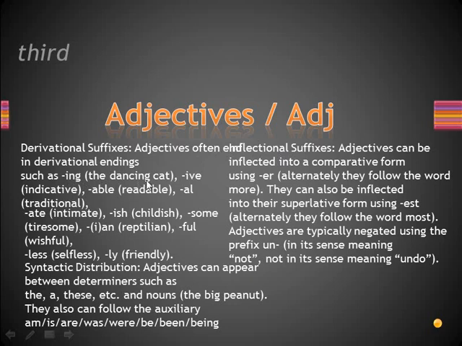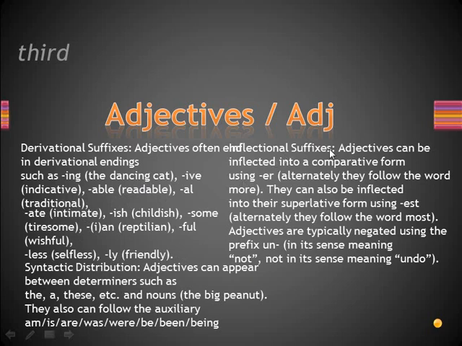So we have ing here as an adjective. It seems like a verb, so be careful with ing suffixes, because you have to check the context. Indicative, readable, traditional, and so on. Those are all suffixes for adjective if you find them.